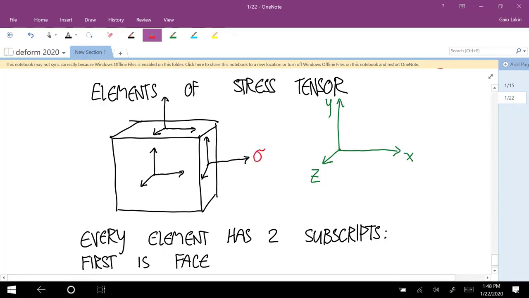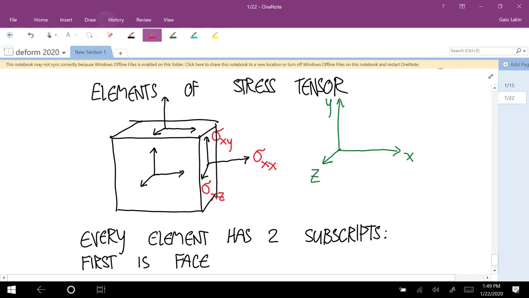So this element is the X face, and then what axis is it in the direction of? So that's the XX stress. Then this one here, it's on the same face, so the first subscript is still X. But what axis is that in the direction of? Yep, so that's XY. What's this one called? XZ, yep.